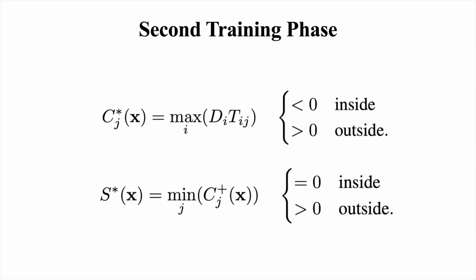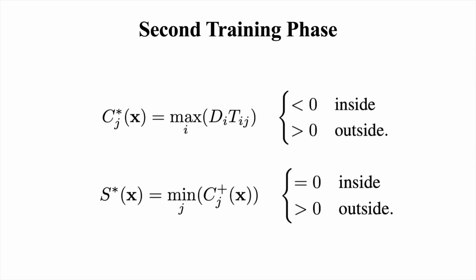However, these two equations are actually more accurate in describing whether a point is inside a convex set or a mesh. So after the first training process, we do not worry about the gradient anymore. The authors use them here to refine the results.